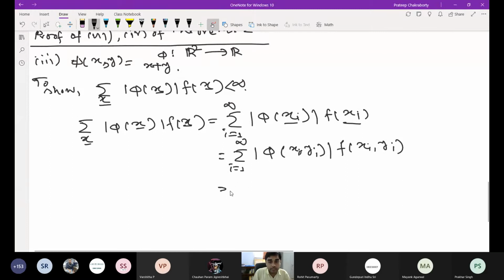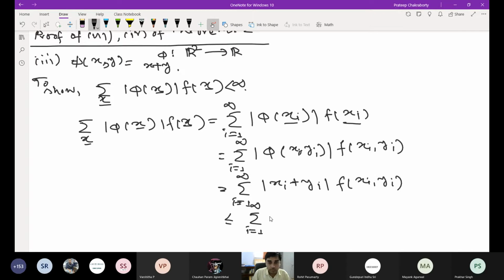Now by definition of phi, this is mod of xi plus yi times f of (xi, yi). Now this is less than or equal to the sum from i equal to 1 to infinity of mod of xi times f of (xi, yi).